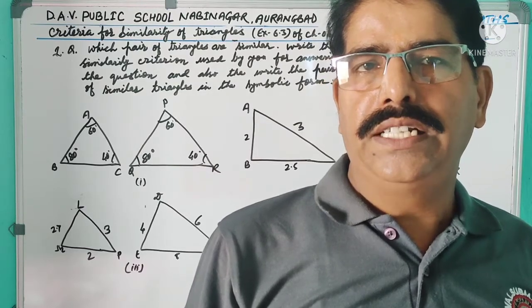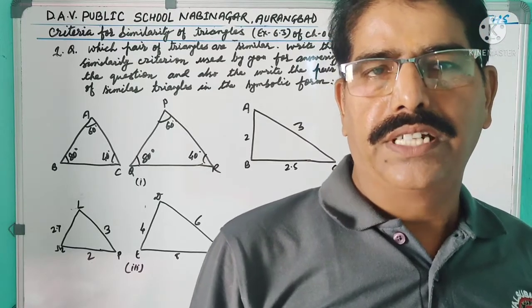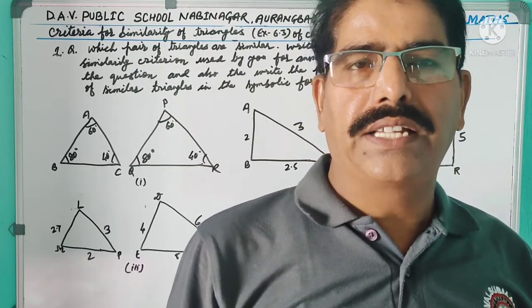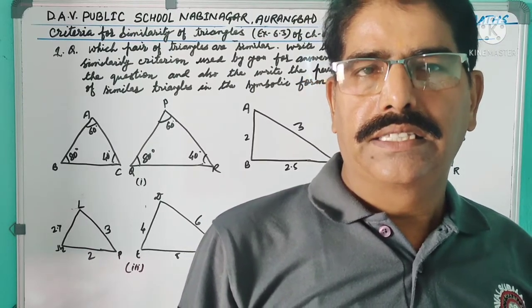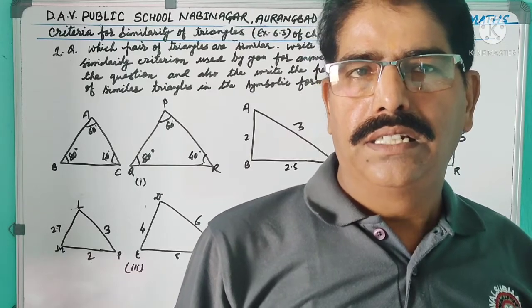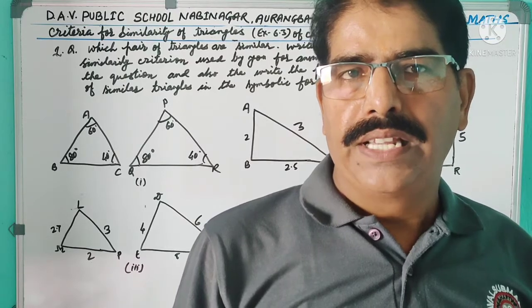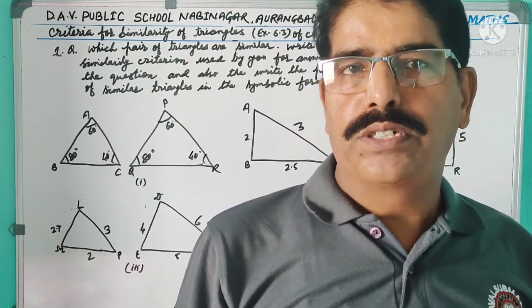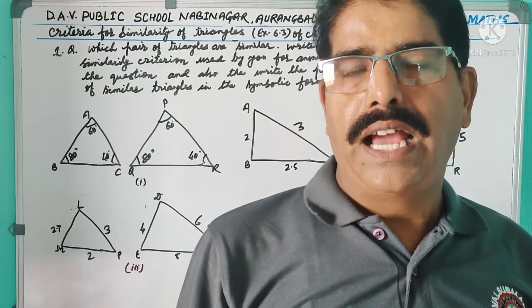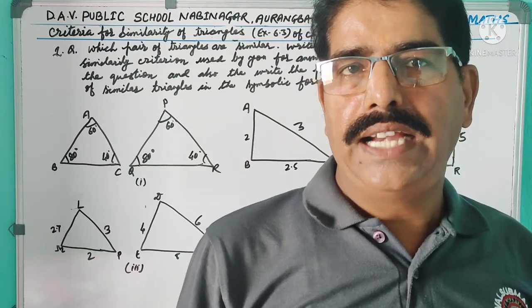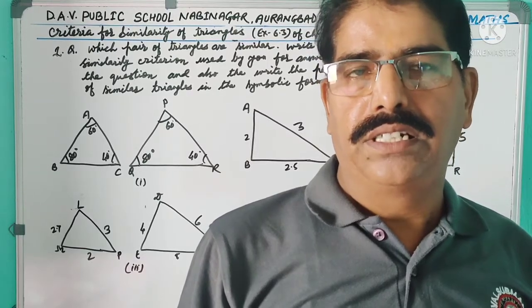firstly, let's quickly recap what we did in the previous class. Dear students, in the previous class, some of the important topics such as similarity of triangles, Thales theorem, converse of Thales theorem, and criteria for similarity of two triangles such as angle, angle, angle similarity, side, side, side similarity, and side, angle, side similarity.